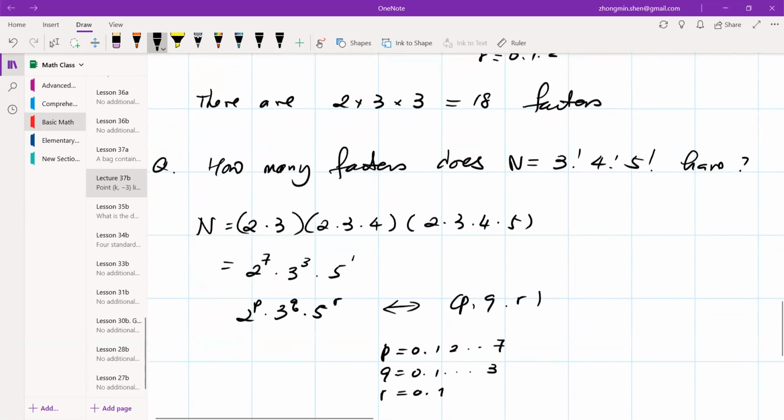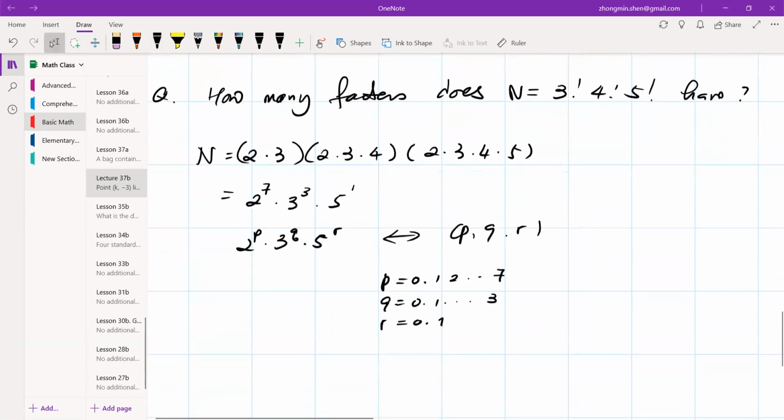So you multiply them out, and this number has 8 times 4 times 2, which is 64 factors. Okay, so we are now familiar with this type of number.